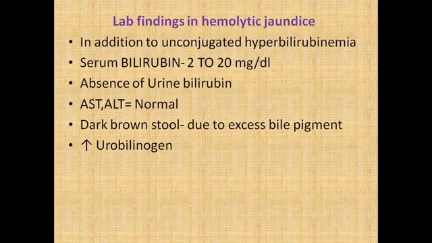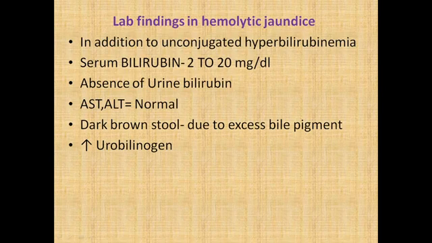What are the lab findings in case of hemolytic jaundice? In addition to unconjugated hyperbilirubinemia, the serum bilirubin value will be 2 to 20 milligram per dl. Absence of urine bilirubin. Why is there absence of urine bilirubin? Because out of this 2 to 20 milligram per dl, most of the serum bilirubin is unconjugated type.